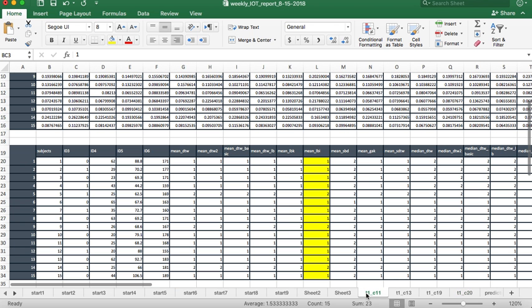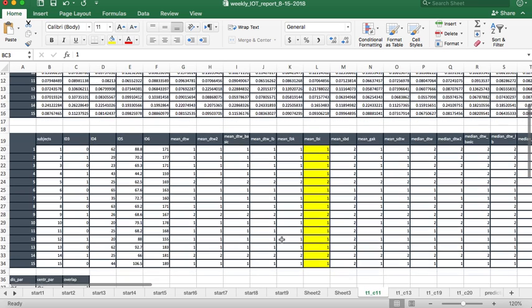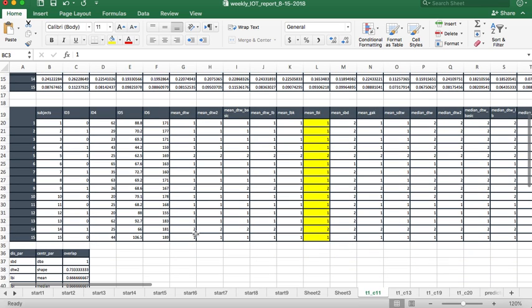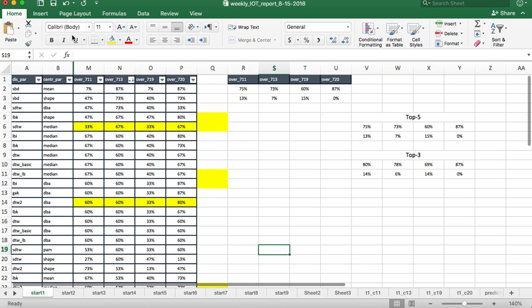Let's look at the T1 underline C11. So I changed the color of some columns. Basically, these are my top 5 scenarios. Again, let me look at the start one. So for the first one, it was distance parameter of SPD and centroid parameter of mean.